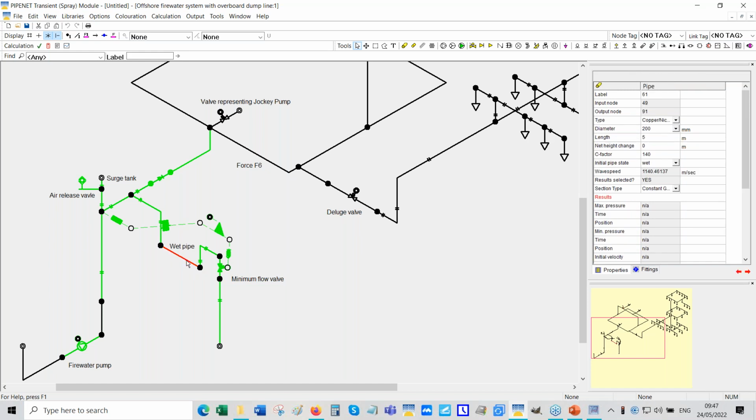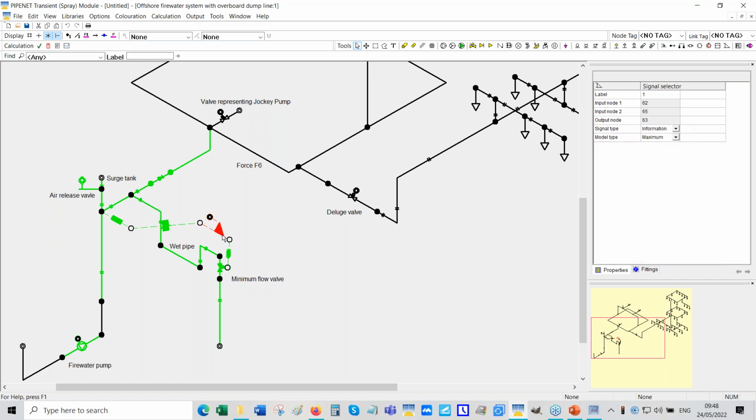So that pipe has got water in it. The rest of the system is dry. And this is a kind of minimum flow line. So it's got some kind of a control system. So the pressure here also has an influence on the position of this valve.